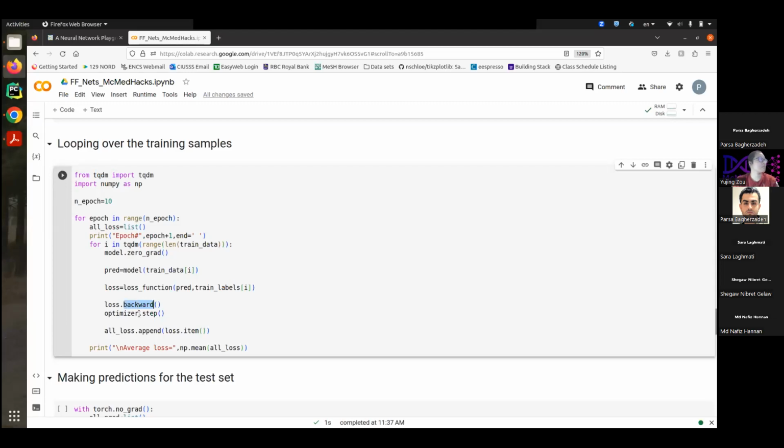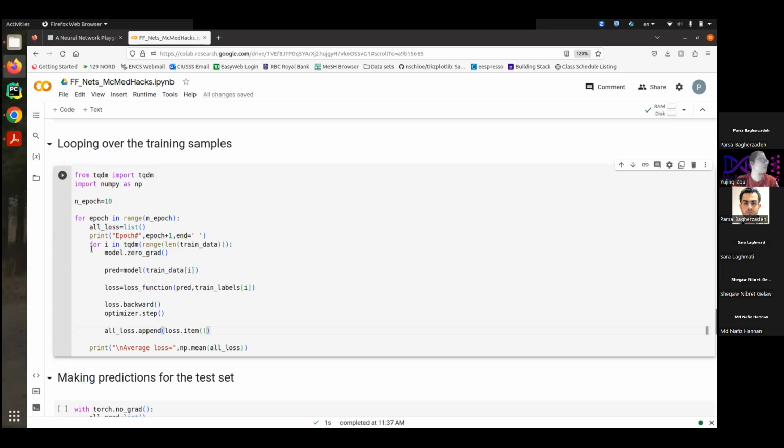Then I apply these gradients through the optimizer using this step. I'm saying go one step, do one iteration for your parameters, update the parameters with respect to this loss. And then I'm storing all of the values for this loss for the current epoch, to show the average value of the loss for my current epoch.